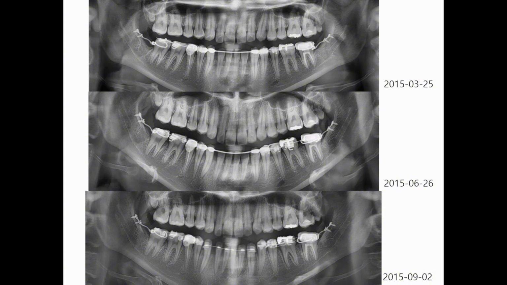So intentional scarring, you need to learn intentional scarring. So type A means intentional scarring in the upper. Type B means intentional scarring upper and lower. And type C is intentional scarring of upper and lower ASO.